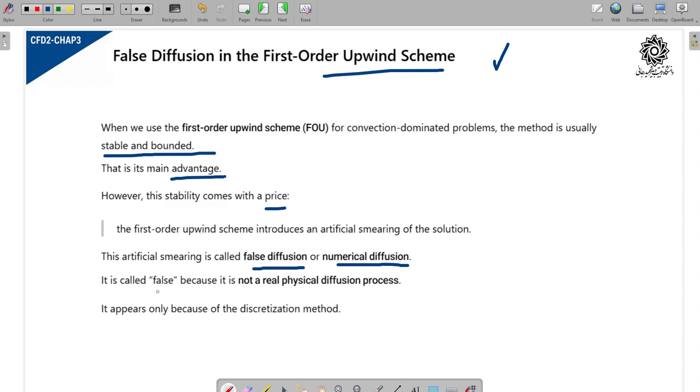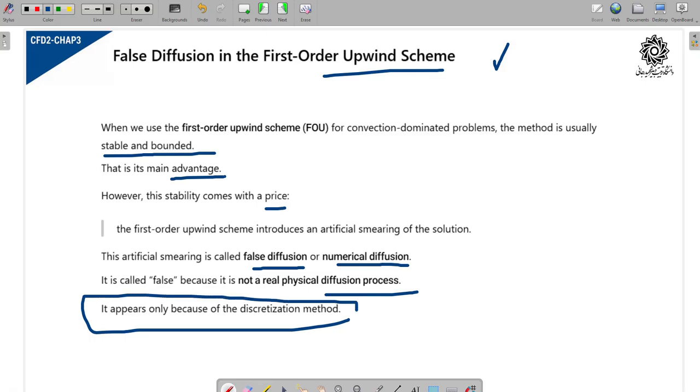It is called false because it is not a real physical diffusion process. It appears only because of the discretization method. This is an important note.